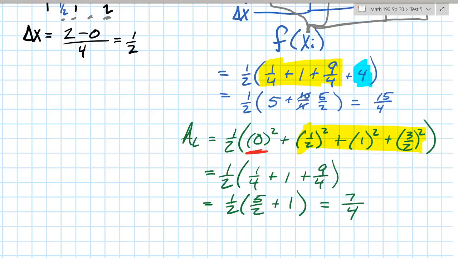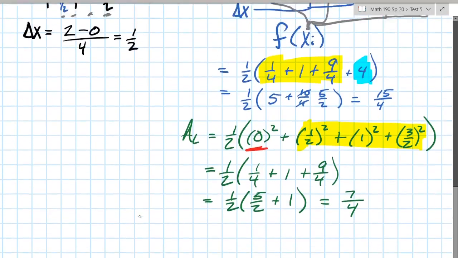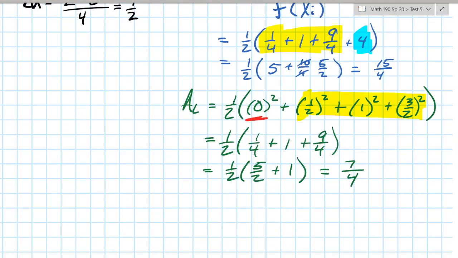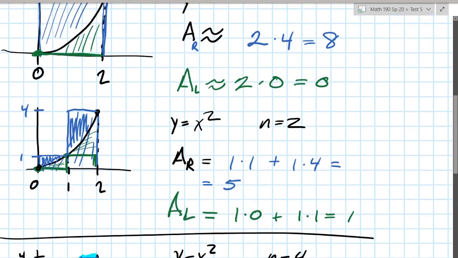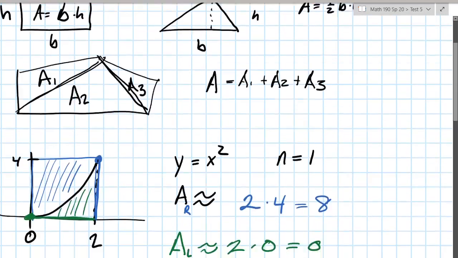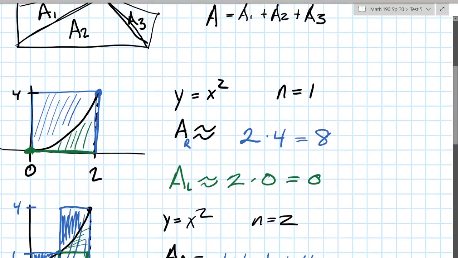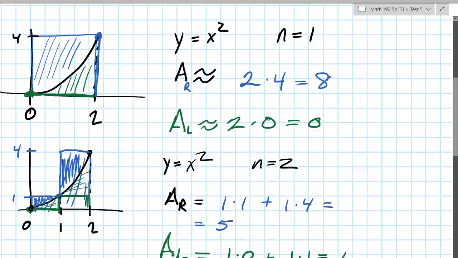What we'd like to do is get more rectangles. More rectangles means less error. Notice the distance between these values, 15/4 and 7/4, is kind of closing in. Over here, where we had 8 and 0, that was a bigger difference.